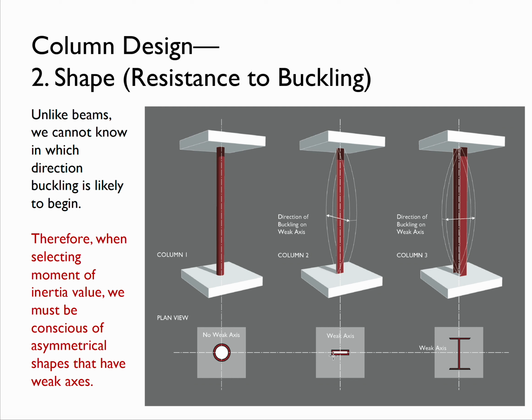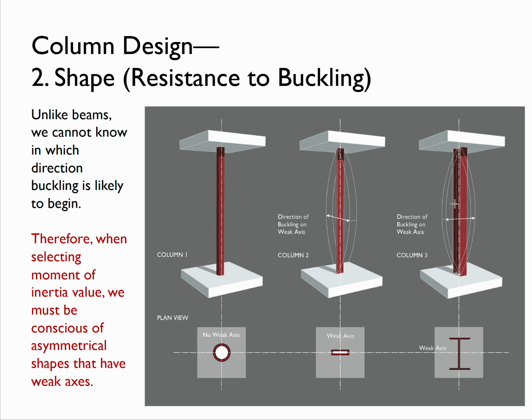Look at this one here. It's a tube that has area on far sides of that center point, but not much on the far sides of that. So if that was loaded down, it's much more likely, as this diagram shows, to buckle out along those weak axis points.